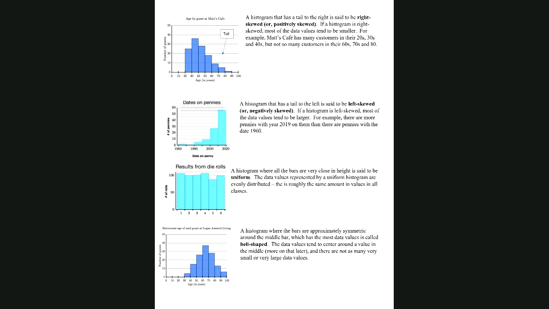Okay. Most of the data values tend to be larger. So, for example, it says there are more pennies with the year 2019 on them. If this is the dates on pennies, number of pennies, and the date, there are more pennies with the date 2019 on them than there are with the date 1960, right?